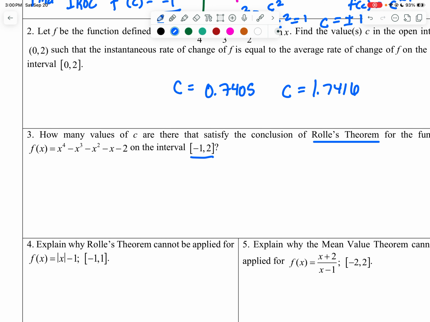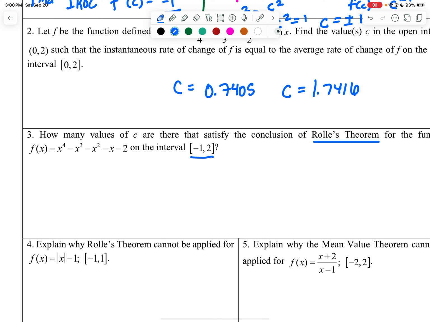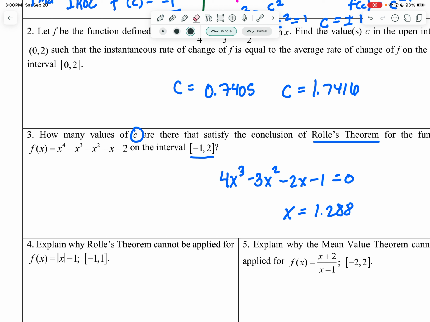And at this point, we can just take the derivative of this, which is an easy derivative for us to take, and then set this equal to 0. I'm not going to do that, but in this case, C is equal to 1.288. So there's one value, in this case 1.288.